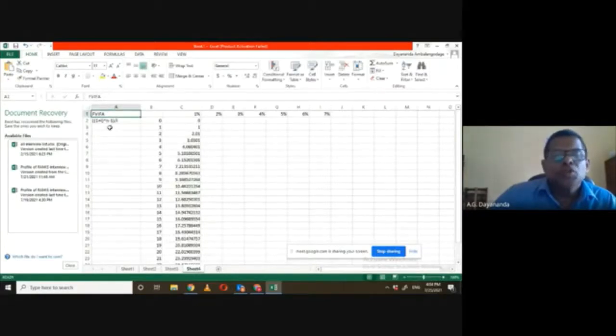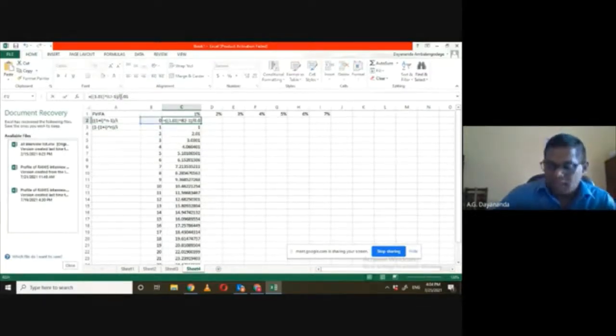Second formula. This is present value. Okay. 1 minus 1, 1 minus, will you help me? 0 1, right?